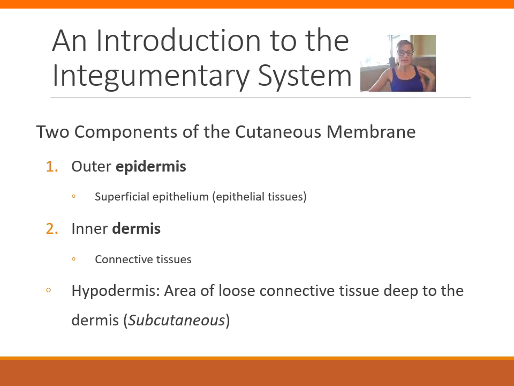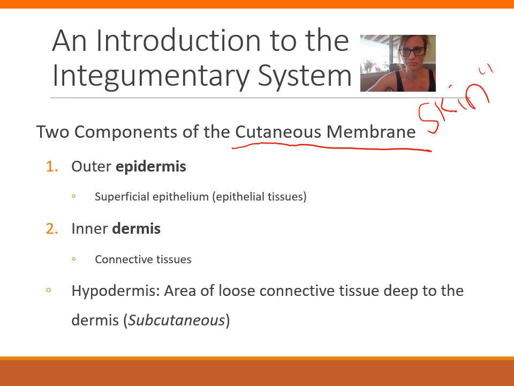All of these things are included in the integumentary system. I told you guys that the main component of the integumentary system is the skin. And the technical term for the skin is the cutaneous membrane. Now, technically, there are two components to the cutaneous membrane.